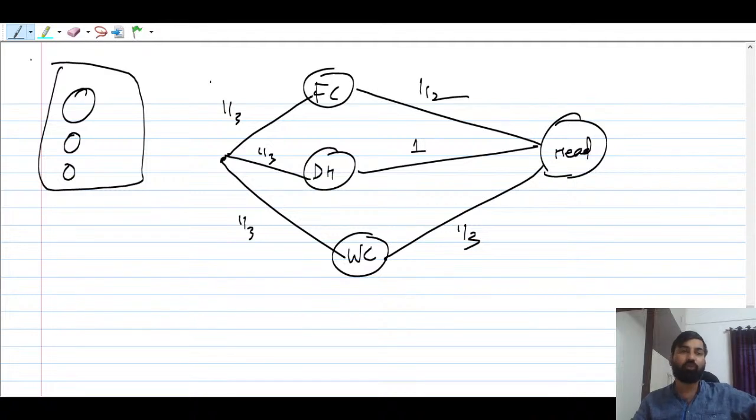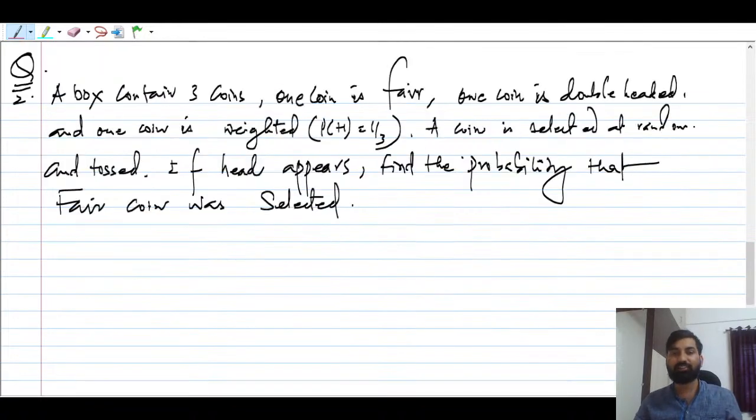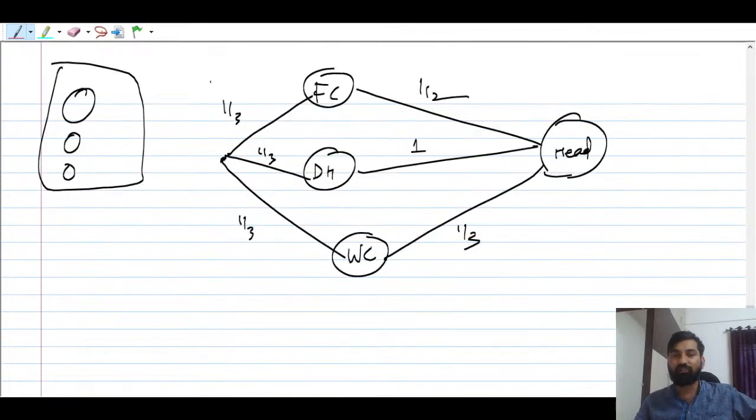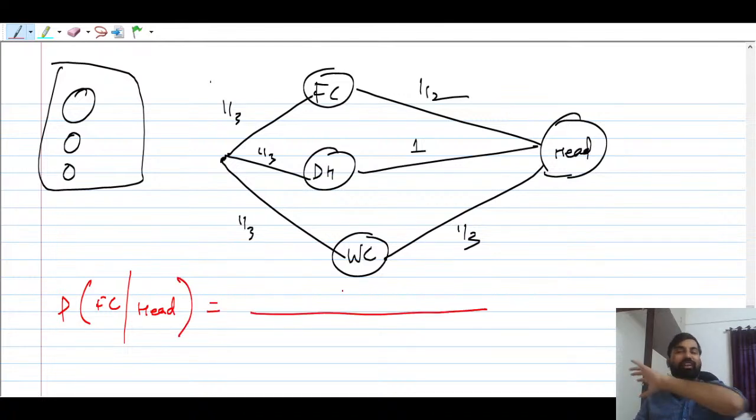Now what they are saying is, what is the probability that the fair coin was selected? So you have to write like this: probability that fair coin was selected given that head appears. So how will we find it? You don't have to write any formula here.